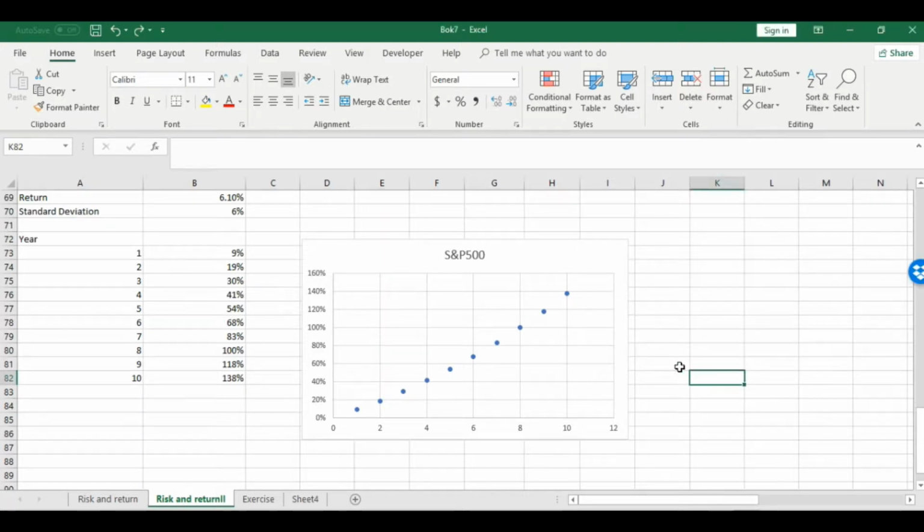Now let's calculate the variance and the standard deviation.